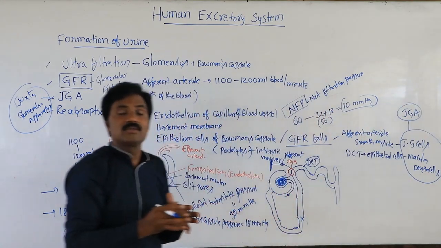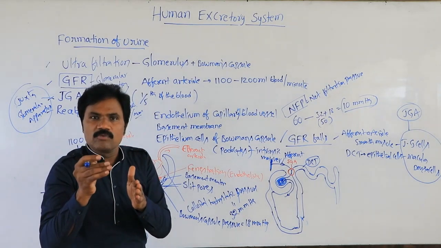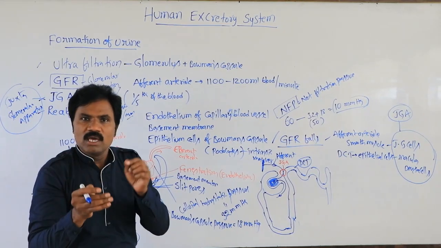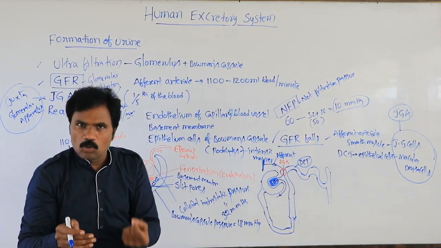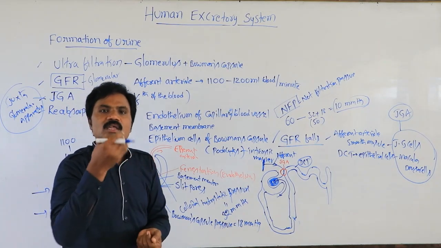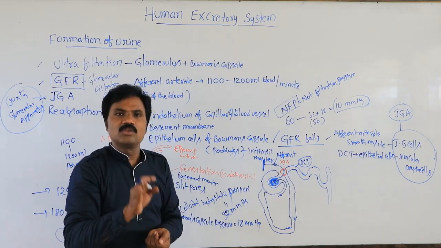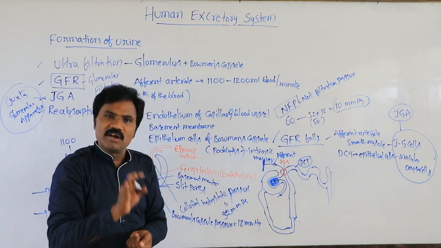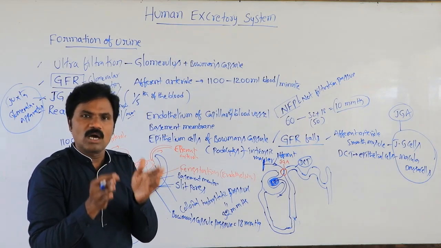So remember, wherever the afferent arteriole connects with the distal convoluted tubule, the smooth muscles in the afferent arteriole are modified into juxtaglomerular cells. Similarly, the cuboidal epithelial cells of the distal convoluted tubule are modified into macula densa cells, collectively forming the juxtaglomerular apparatus.